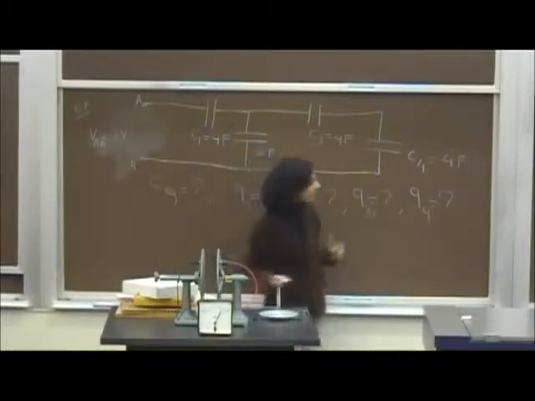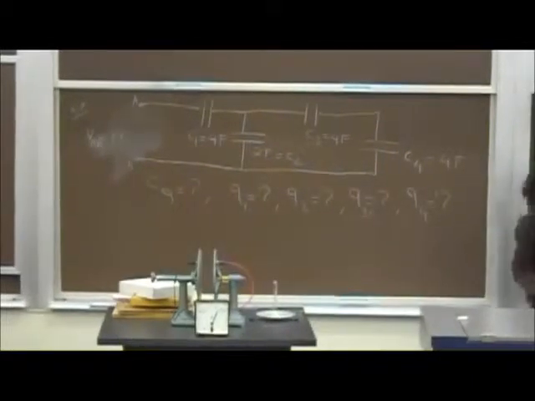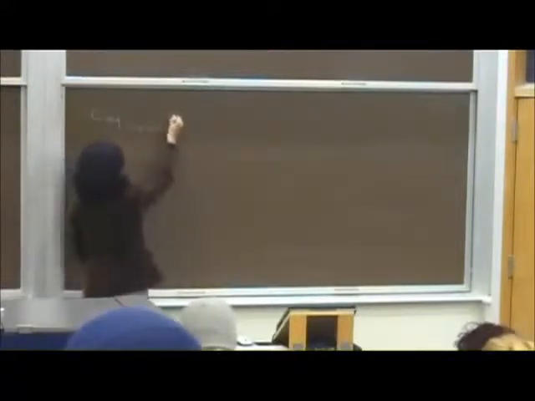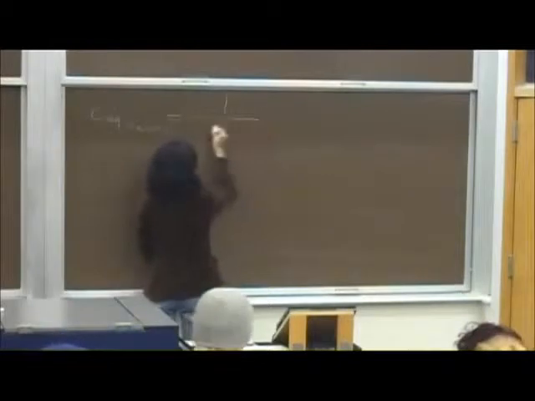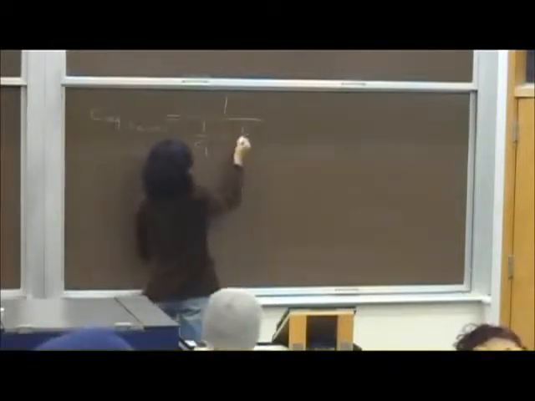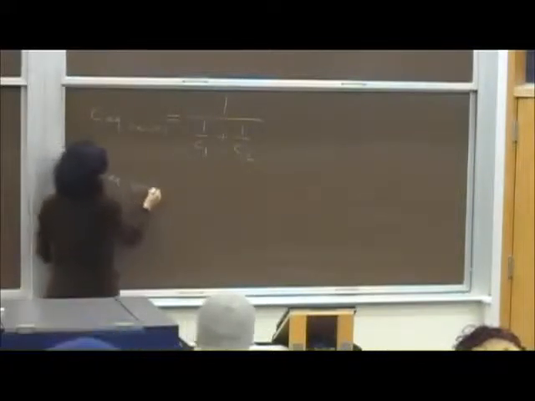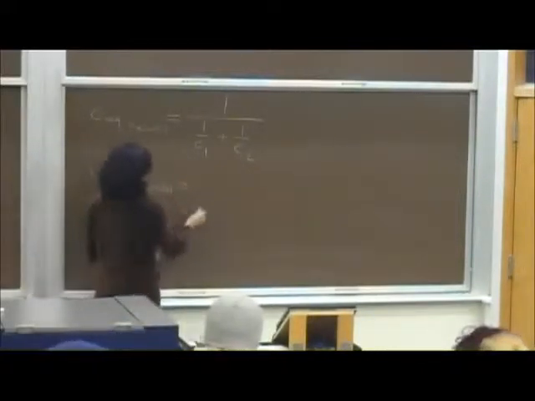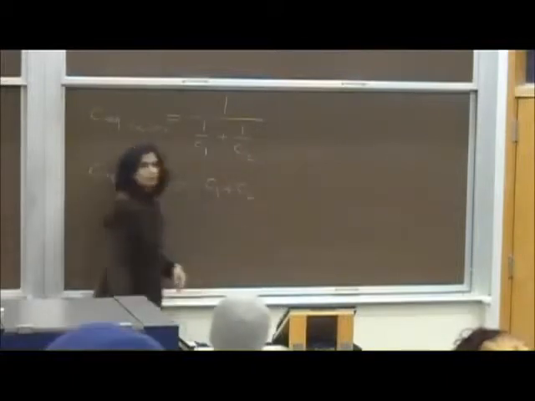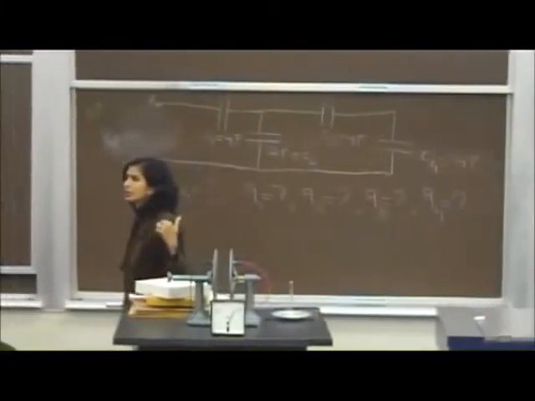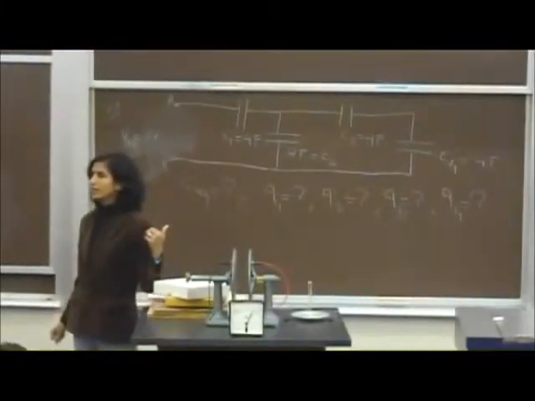We can combine them. And if you recall from what we had learned in the past, C equivalent for two capacitors in series was 1 divided by (1 over C1 plus 1 over C2), and C equivalent for two capacitors in parallel was C1 plus C2, if their individual capacitances were C1 and C2. Is everybody remembering this?